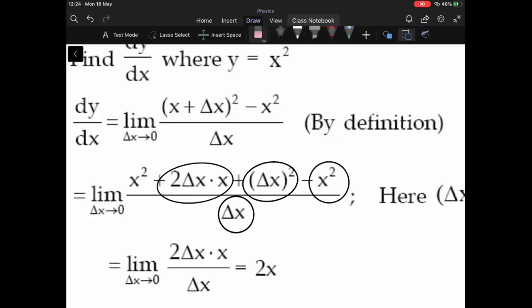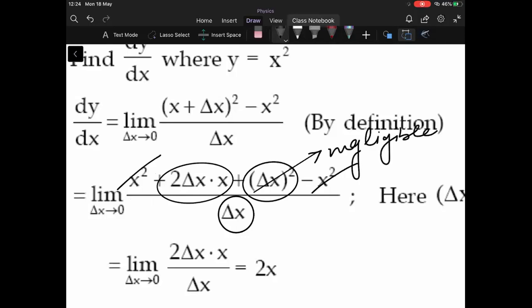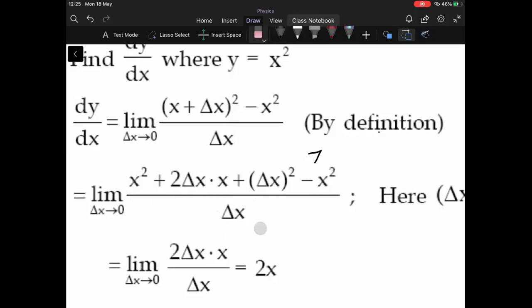Yes, this will cancel out and this term will be negligible, or insignificant. The square of delta x is insignificant. Why? Because delta x is already tending to 0.